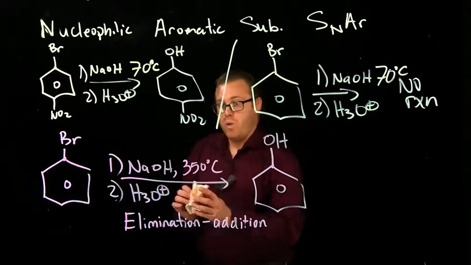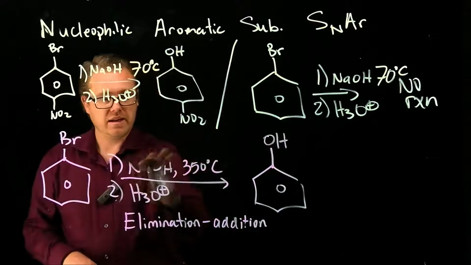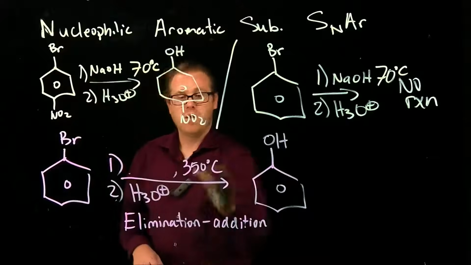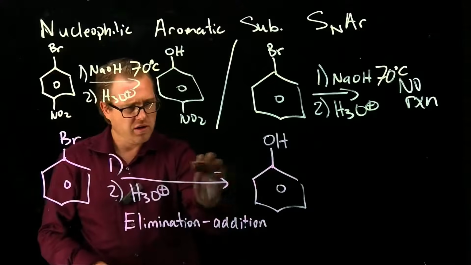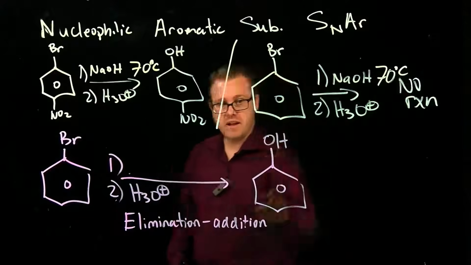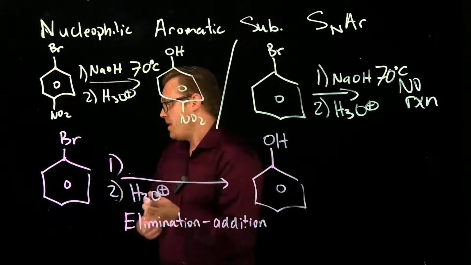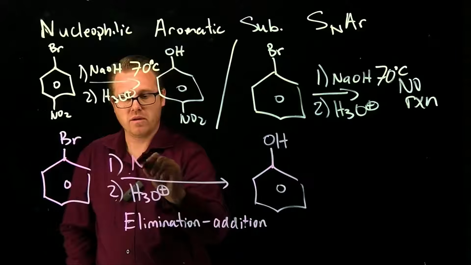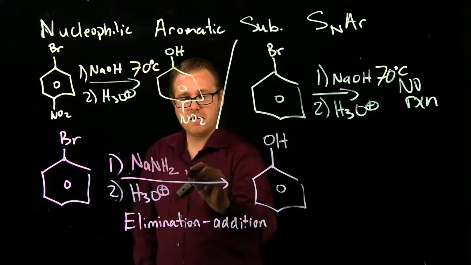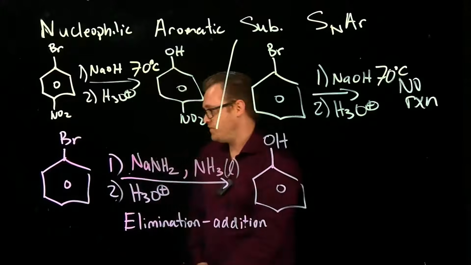Now, what can make this reaction work even better, okay, is if we replace that sodium hydroxide with a stronger nucleophile. Because the OH, what came from sodium hydroxide, is a very strong nucleophile. But we can make even a stronger one. Sodium amide, and then that reaction would be done in liquid ammonia.